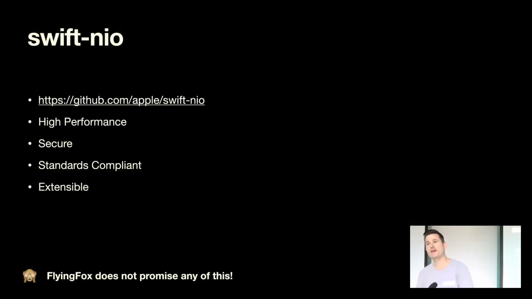If you want high performance, you want it to be secure, standards compliant, extensible, if you want HTTP 2, look at SwiftNIO. FlyingFox doesn't promise to do any of that. But what SwiftNIO will do, it'll take forever to compile.